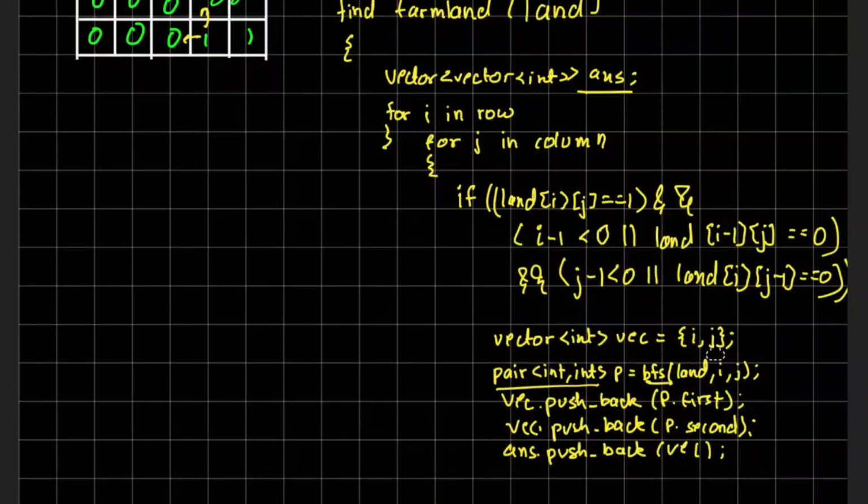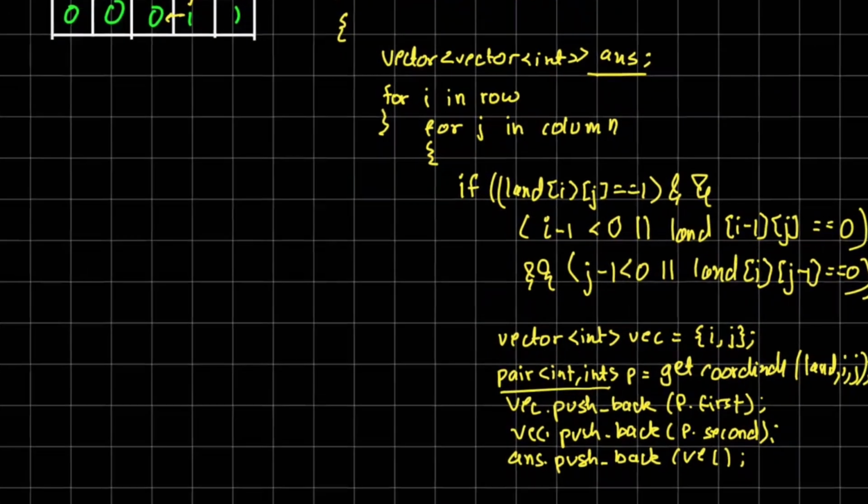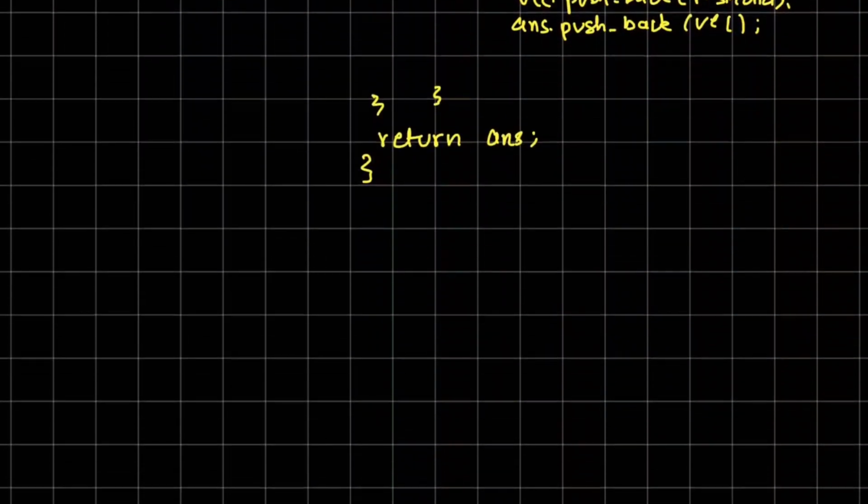So let's move this a little bit down and now paste the logic that we have copied. So we will again make this vector. Then instead of calling the BFS function, we will call a function get coordinate, which will take land, i and j. So now let's move on to the pseudocode of the get coordinate function.